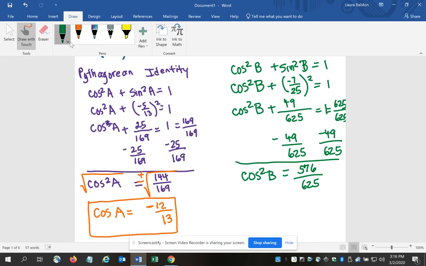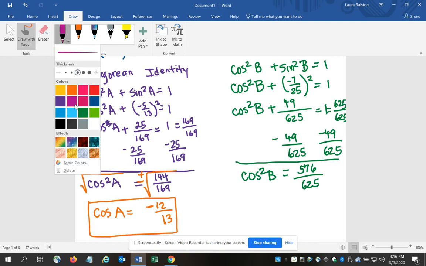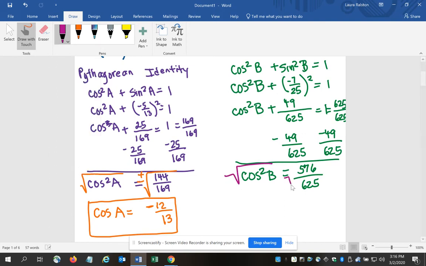Again, I need to take the square root of both sides to get rid of the square, realizing it could be positive or negative. So I have cosine of B equals the square root of 576, which is 24, over the square root of 625, which is 25.